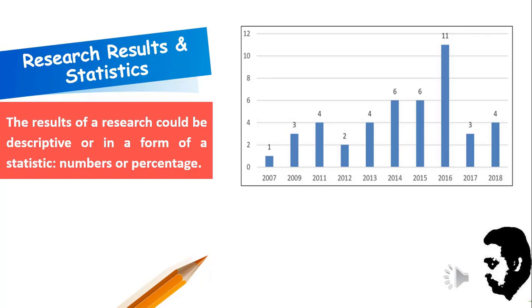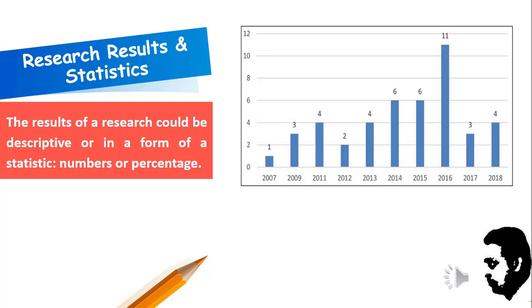Research results and statistics. Using research results and statistics is a very convincing technique, especially when these results come from a trustworthy establishment. The results of a research could be descriptive or in a form of a statistic, numbers, or percentage.